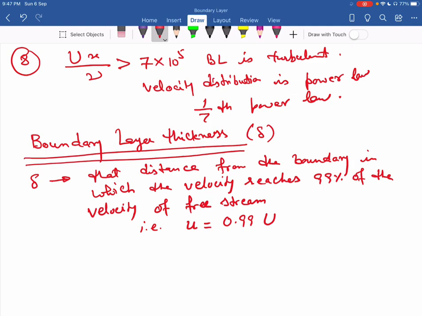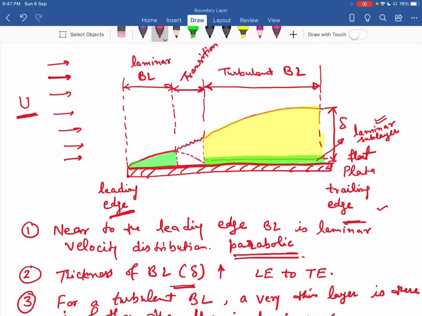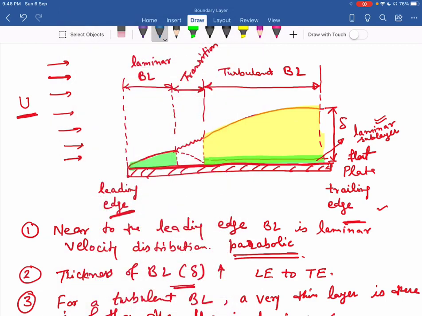Now what is the meaning of this? You can see in this diagram, you have a plate, and some liquid is flowing above the plate. If I see the laminar part of this boundary layer and move in the vertical direction, the velocity of the layer at the plate is almost zero. As we move upward, the velocity goes on increasing, and this variation is parabolic in nature.